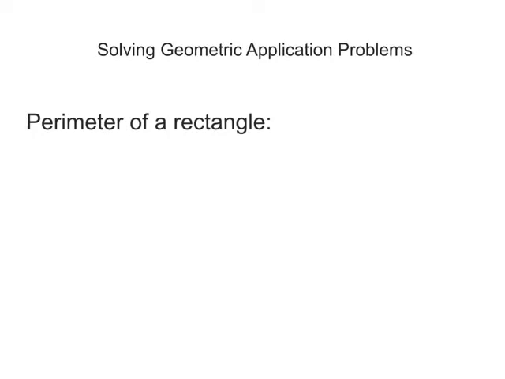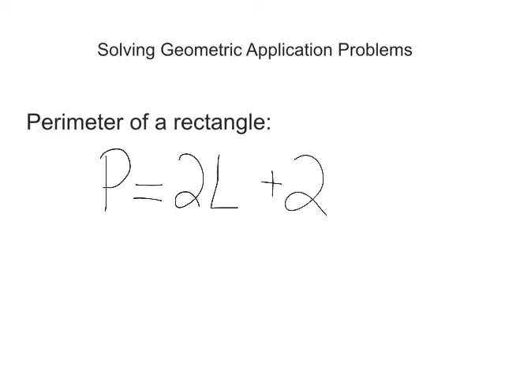That formula is perimeter is equal to 2 times the length of the rectangle plus 2 times the width. 2 times the length plus 2 times the width is equal to the perimeter.